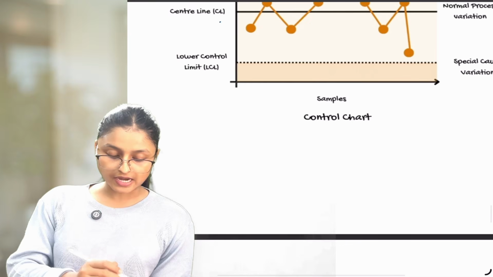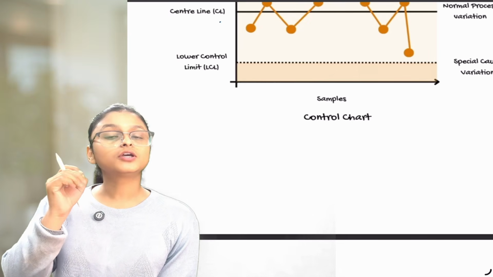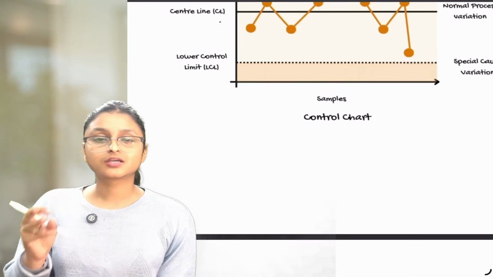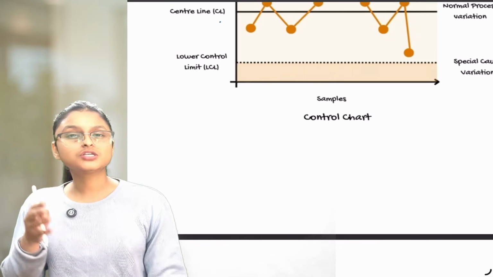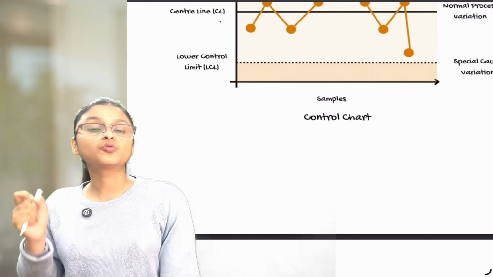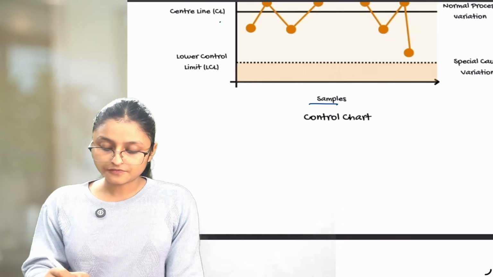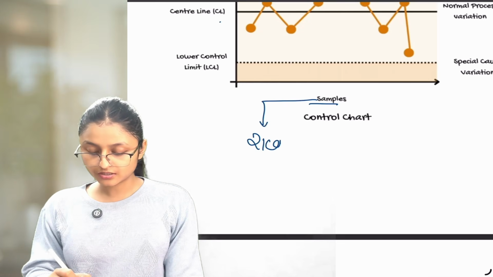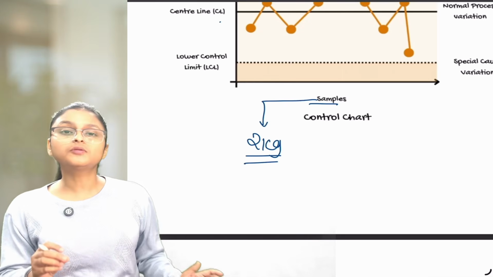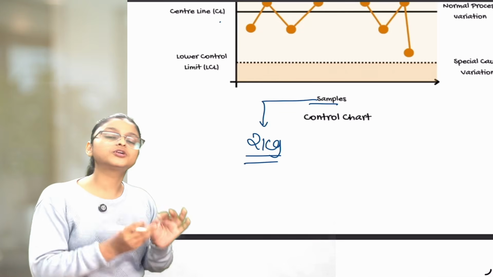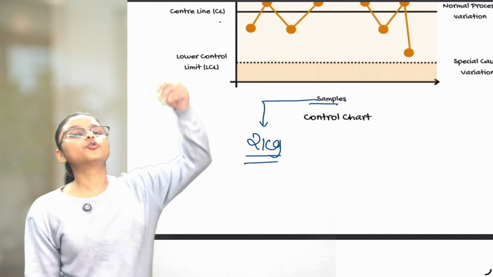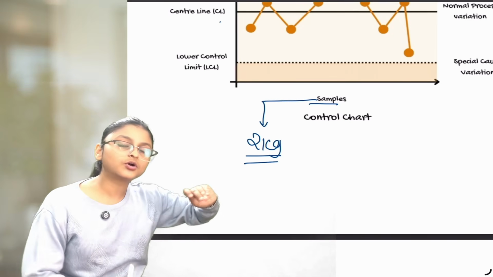You need to understand that even if you are following completely automated processes, the machines are not able to produce the exact output every time. So let's say you want an output of 2 kg, the machines will not be able to produce 2 kg every time. It can go somewhat upward, somewhat downward.